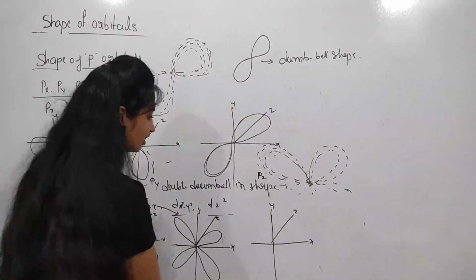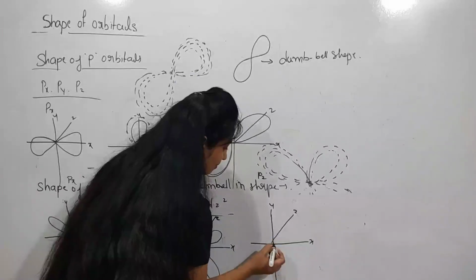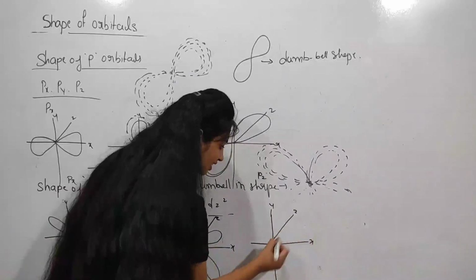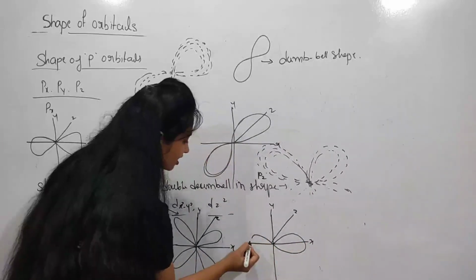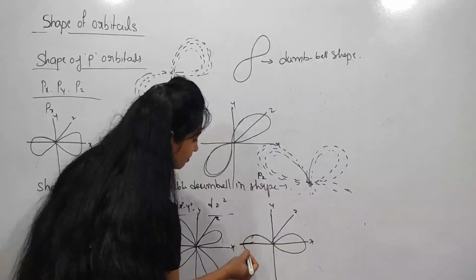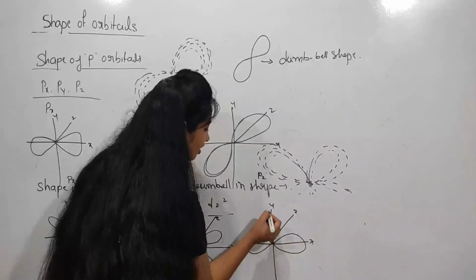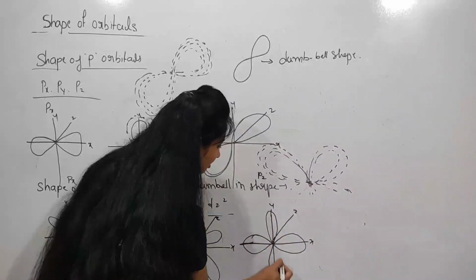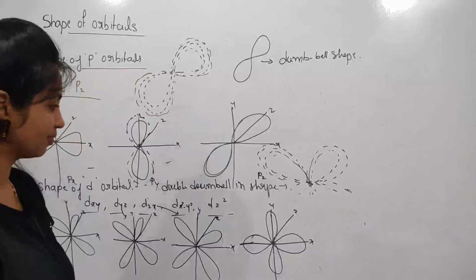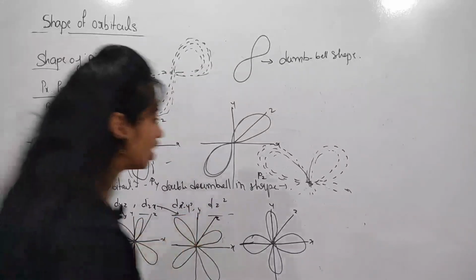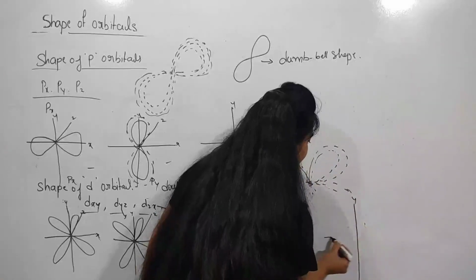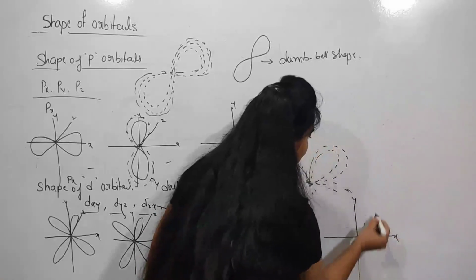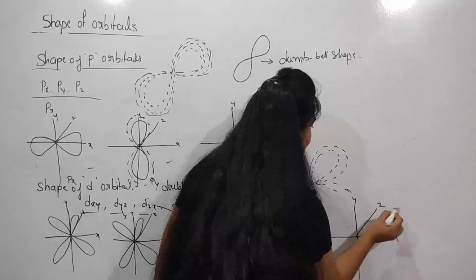So how did we get it here? Here the dumbbell shape is present on the x-axis only, along that axis. So like this we got the dumbbell shape on the x-axis and on the y-axis. In a dz square orbital, this is our y-axis and this is our x-axis and this is our z-axis.